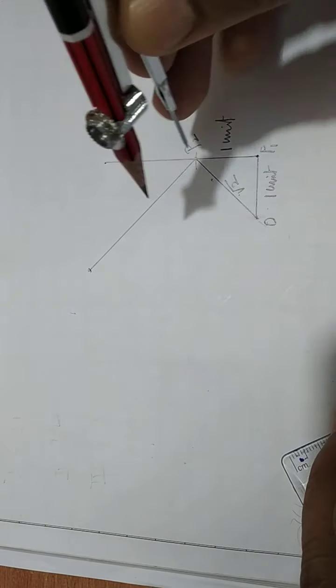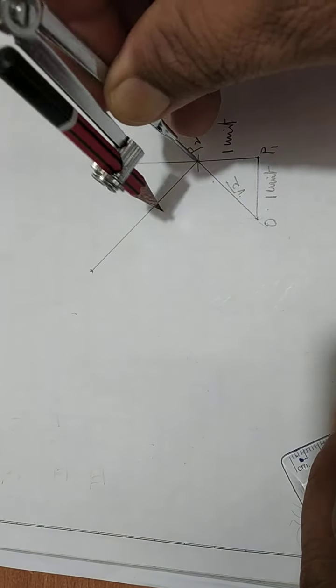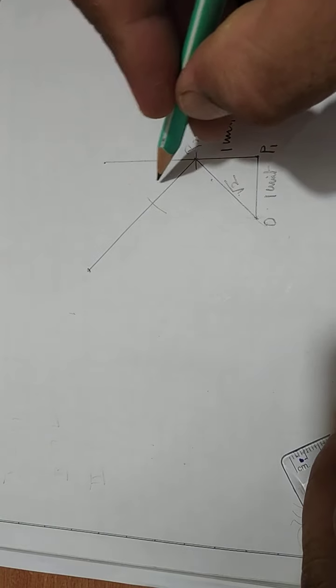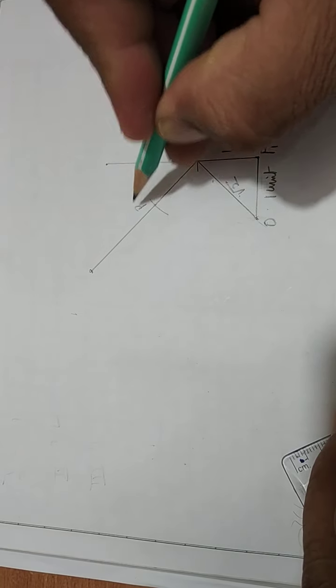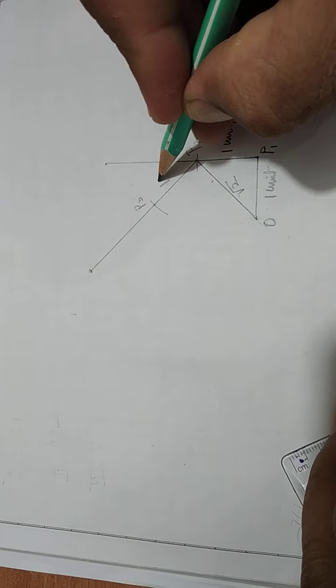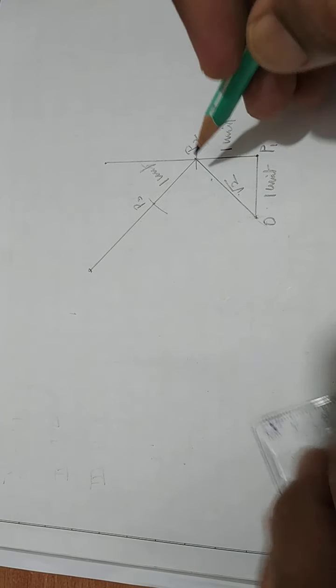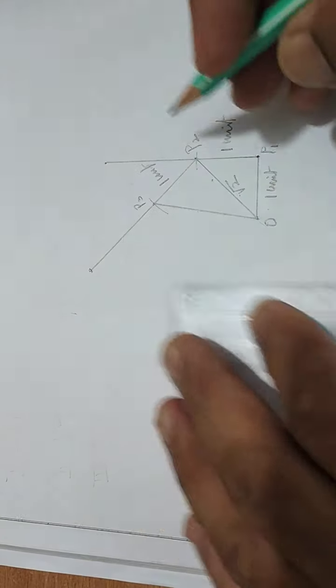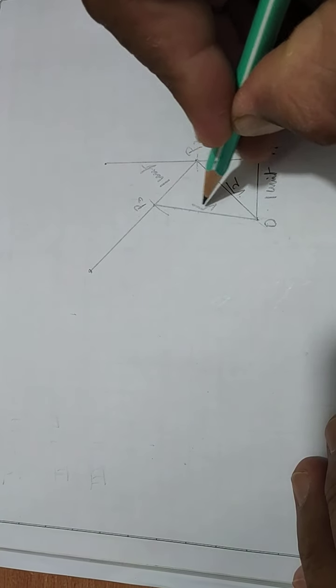Do not change this and put it on P2 and again cut this vertical. Now this is again of, let this point be P3. This is 1 unit again. So if you are going to join this OP3, you will get root 3.